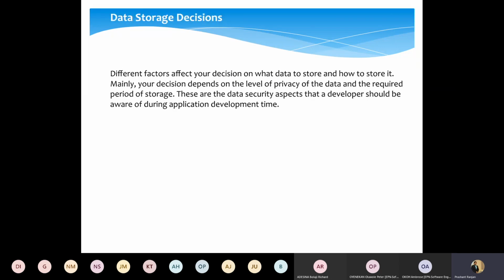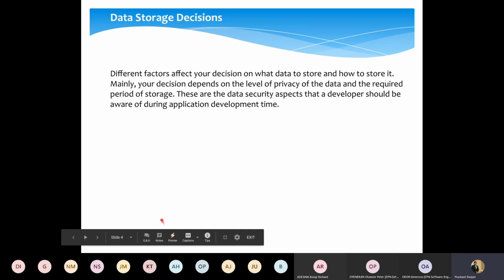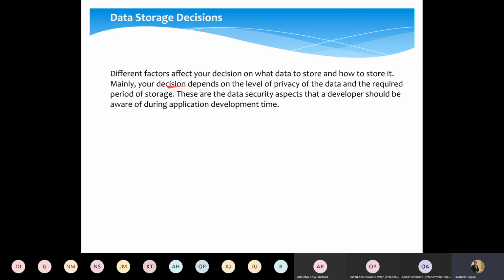So let's talk about the first thing. Different factors affect our decisions on what data to store and how to store it. Our decisions depend upon the level of privacy of the data and the required period of storage. These are the data security aspects that developers should be aware of during the application lifecycle.